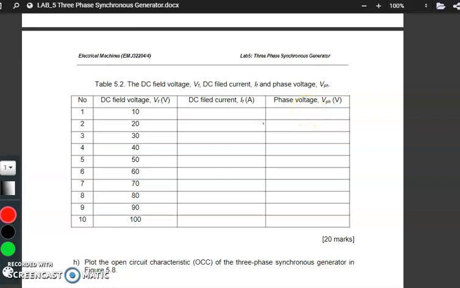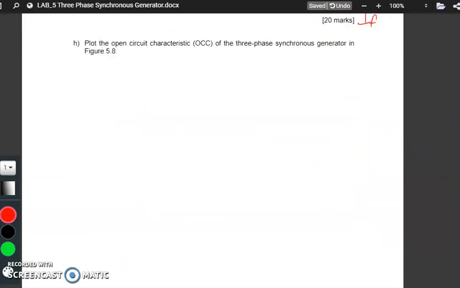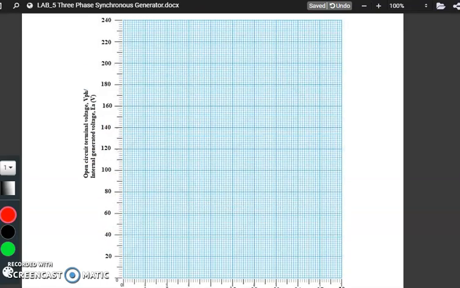Then by right, you are able to generate IF versus V phase, the VOC, V open circuit condition or characteristic of the system. It will go up, but it will damp by right. Okay, the maximum should be around 240 volt.